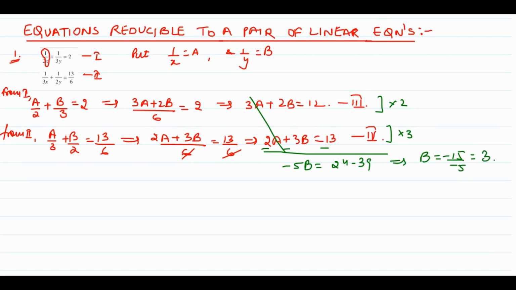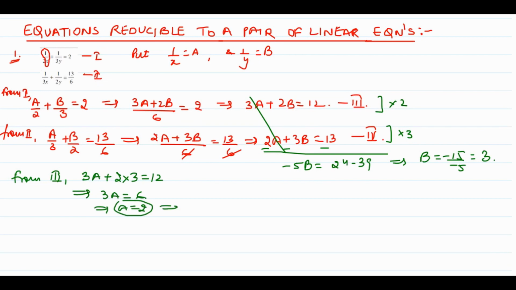Then the second thing we have is going back to any one of these two. If I pick the third one, we have b, so 3a plus 2 multiplied by 3 is equal to 12. This implies 3a is equal to 12 minus 6, 6. This implies a is equal to 2.